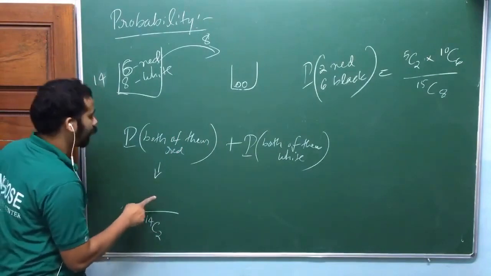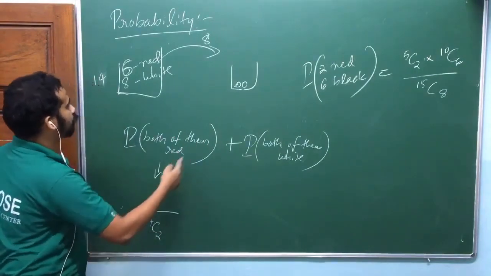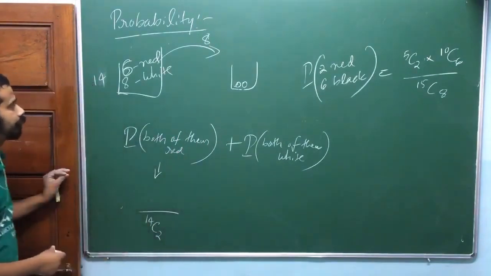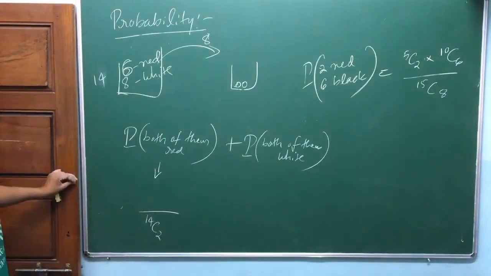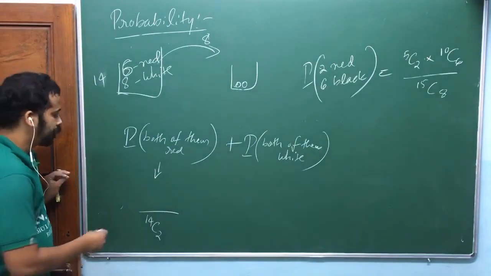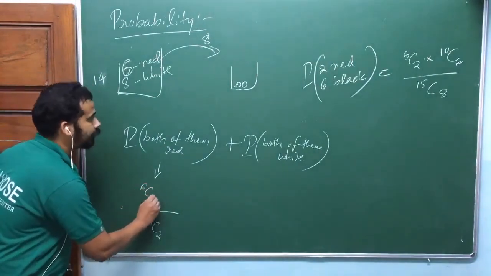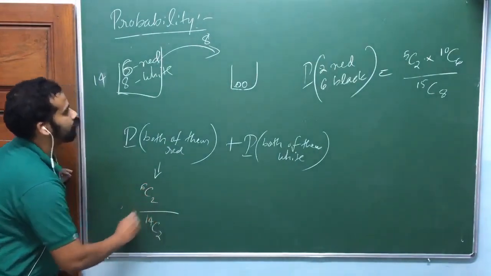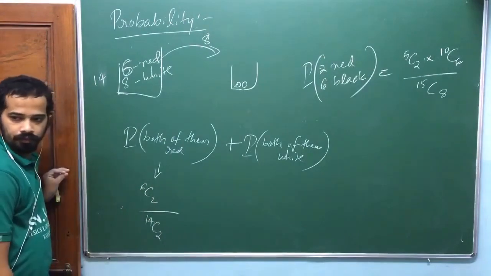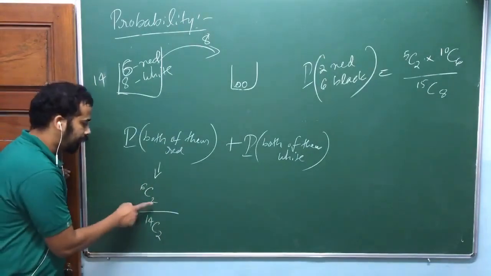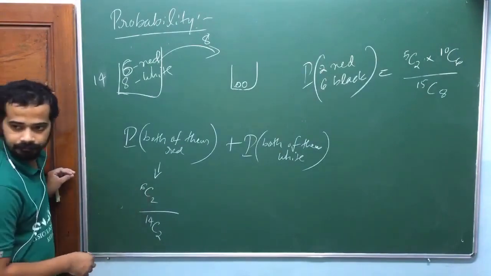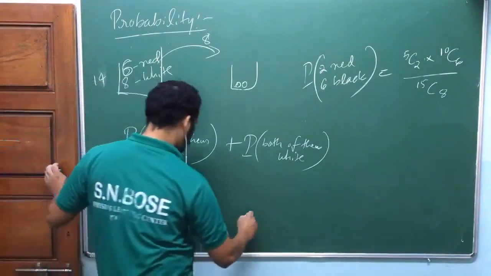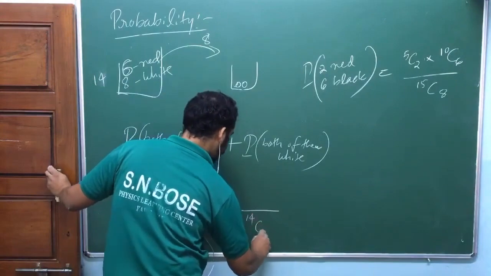Among them, what is the number of favored ones, both red? 6C2. This is the number of possible ways of drawing 2 red balls out of 6 red balls, isn't it? So the denominator is again 14C2.